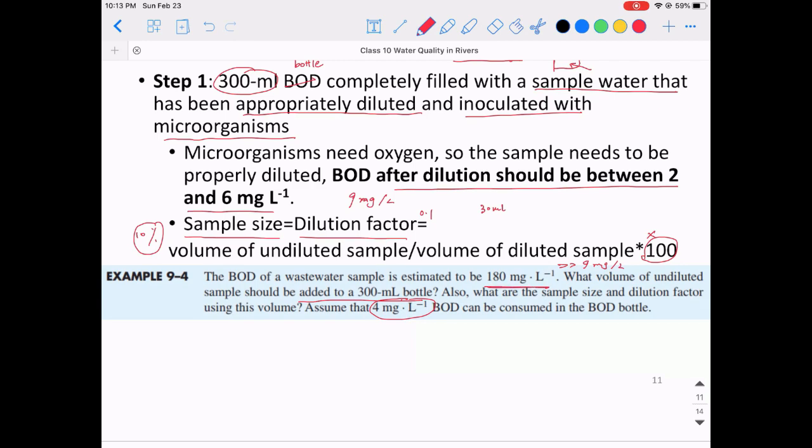So to solve this problem, we need to first calculate the sample size. As the definition, the sample size is equal to 4 milligram per liter divided by 180 milligram per liter.